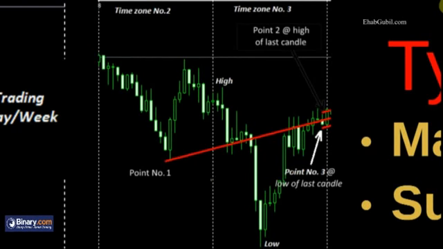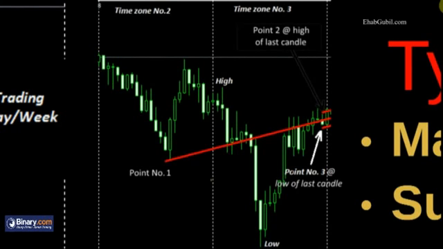That means when we indicate that a high pivot occurred first in time zone number 3, we will put point number 1 of the PF on the low pivot point in time zone number 2. And if we find low was first in time zone number 3, we will put point number 1 of the PF on the high pivot point of time zone number 2.